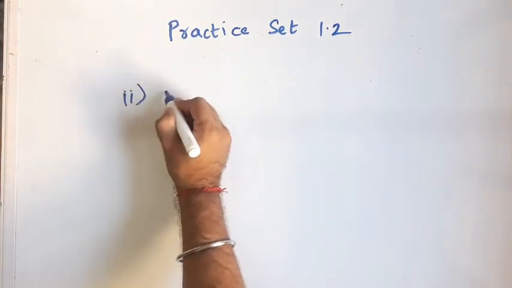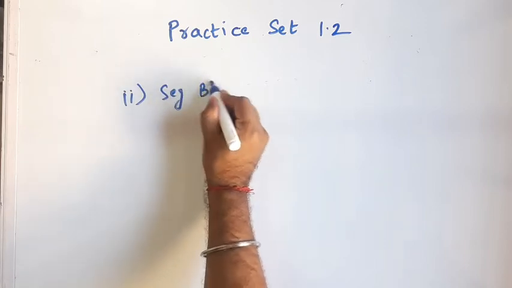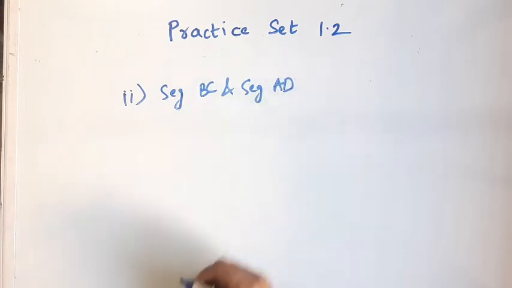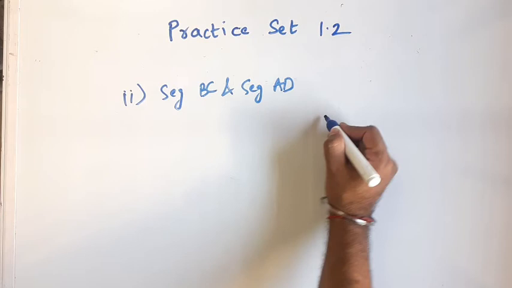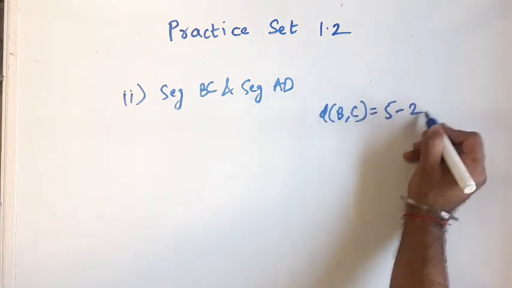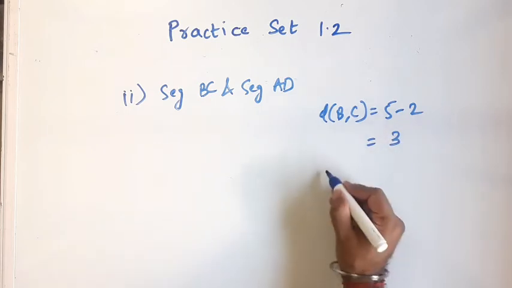Second one is segment BC and segment AD. Okay, so you can see distance BC, if I write, it is bigger coordinate minus smaller coordinate, so it is 3.